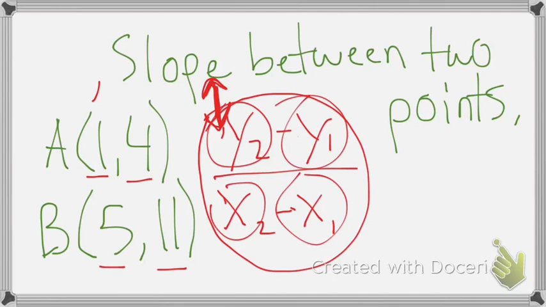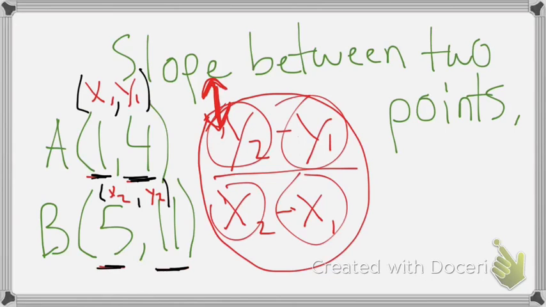Just keep in mind that the first one's X, the second one's Y. And then when you get to the next point, that's where you get the X2 and the Y2. All right, so you got X1, Y1, X2, Y2.